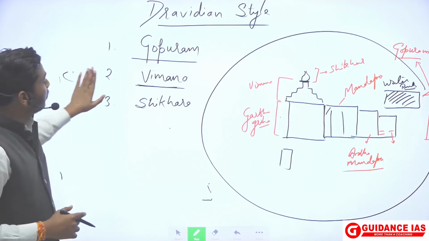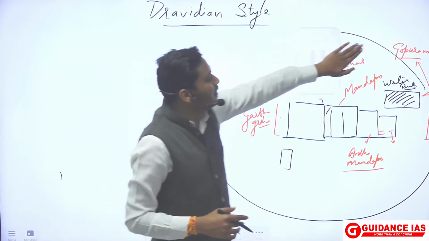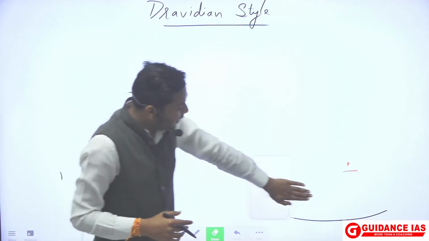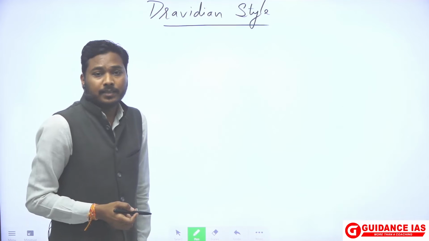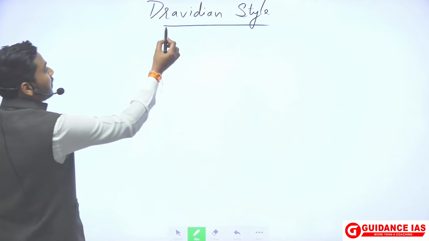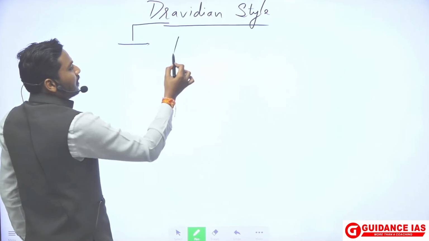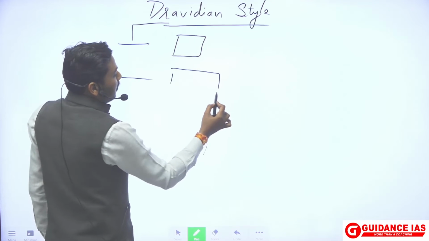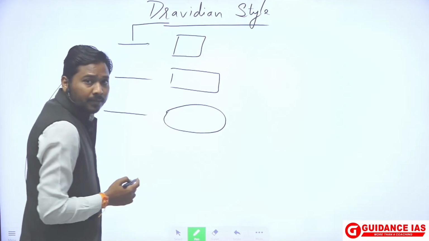Now, when it comes to the Dravidian style, just like the Nagar style, we also see certain characteristics or evolution of the Dravidian style of architecture. Now, what is this evolution or differentiation? Sometimes these Dravidian style temples are constructed in a square shape, sometimes rectangular, sometimes elliptical, sometimes octagonal, clear, and sometimes circular.